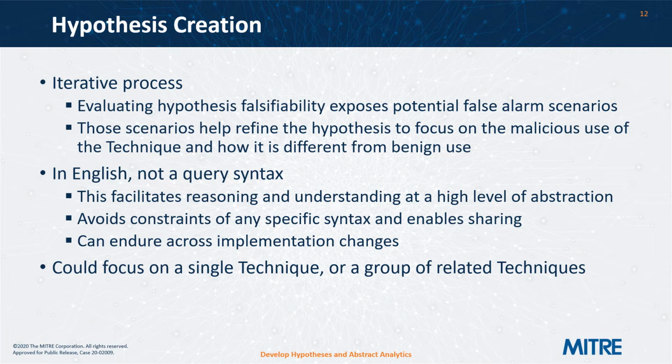Considering false positives is a great thought experiment to start figuring out ways to distinguish malicious use of the technique from benign use. In these examples, we only refine the hypothesis once, but in practice, you'll likely need to refine your hypothesis many times to strike the optimal balance between precision and recall. And we're going to dive into that more deeply throughout this course with our example technique of scheduled task.